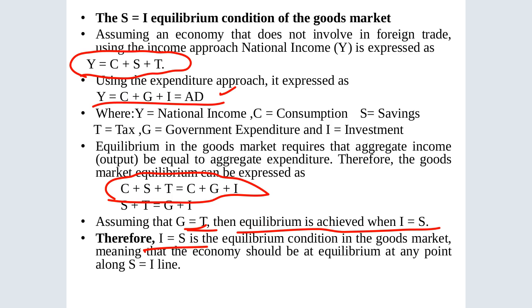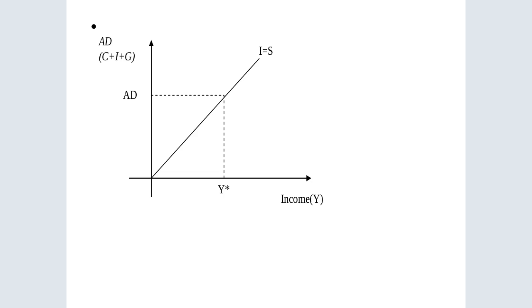So this is the equilibrium condition in the goods market, which simply means that the economy should be at equilibrium at any point along the investment savings line. In simple terms, equilibrium is achieved in the goods market when investment equals savings in the economy.